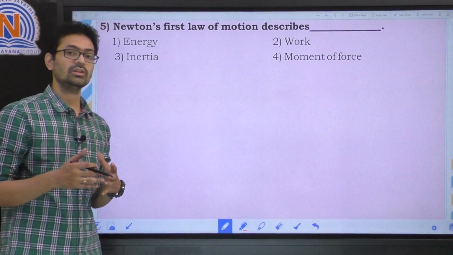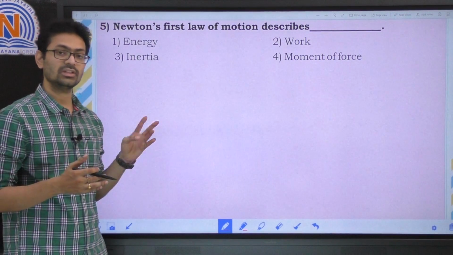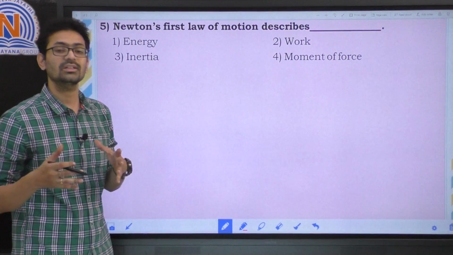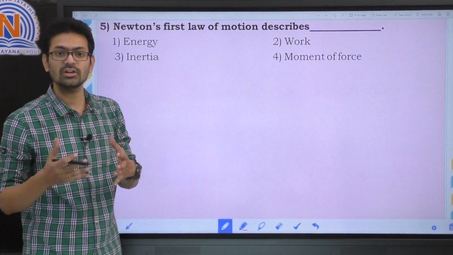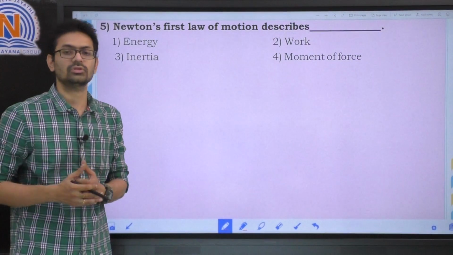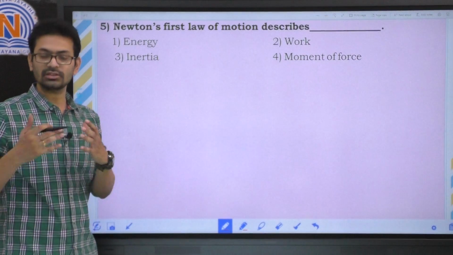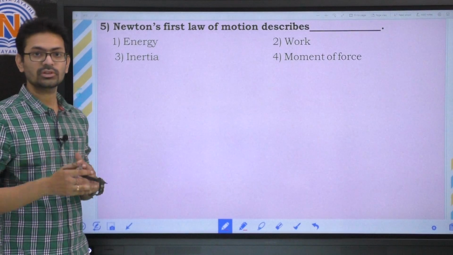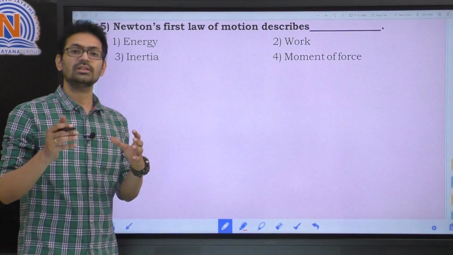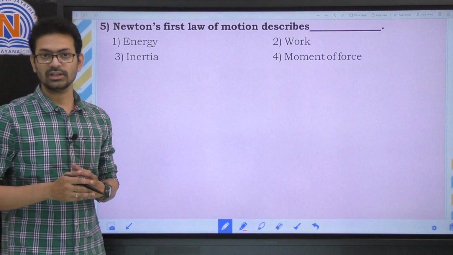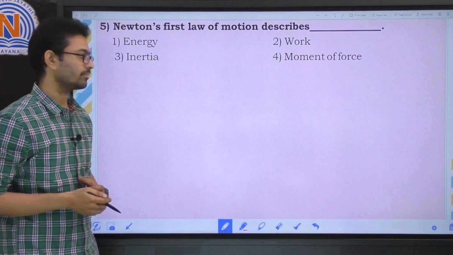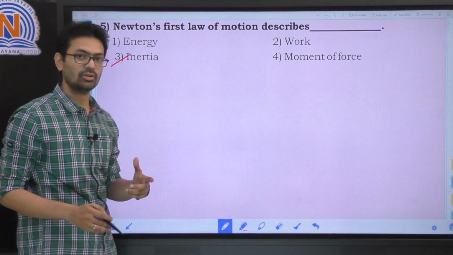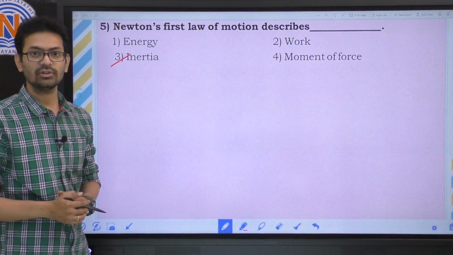Newton's first law states inertia of rest, inertia of motion, and inertia of direction, not energy, work or moment of force. So it is not option 1, not option 2, neither is it moment of force. The only option is the third one, as Newton's first law is about inertia. Hope this is helpful.